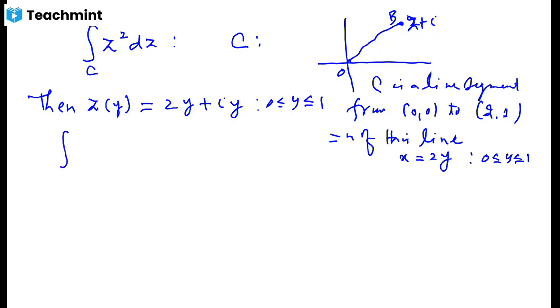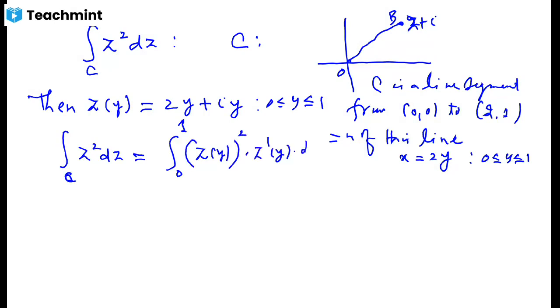By definition, the integral over c of z square dz has to be equal to the integral from 0 to 1 of z of y whole square into z prime of y into dy.